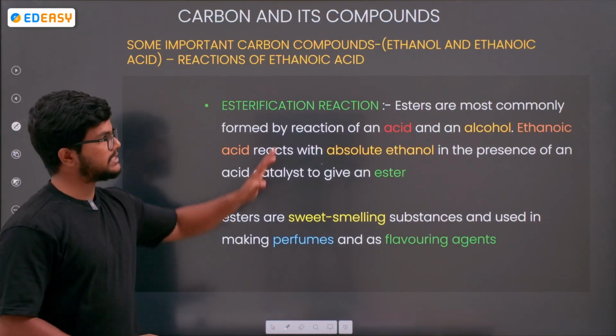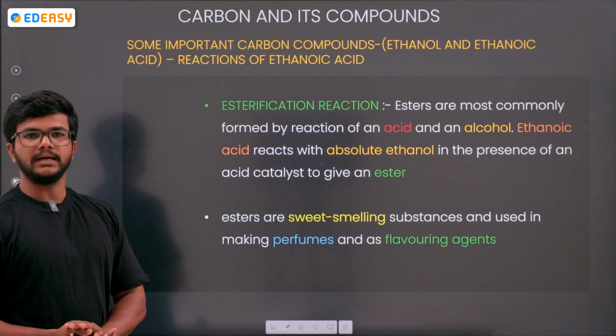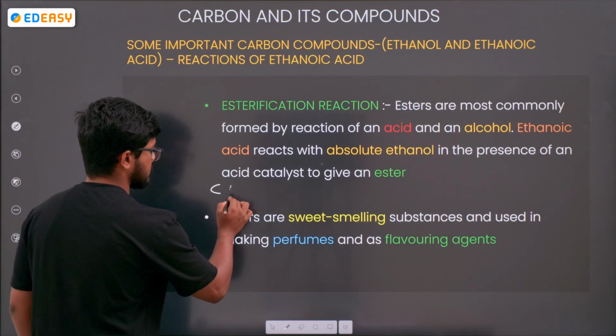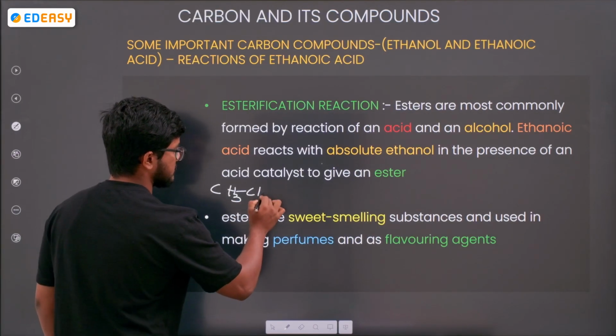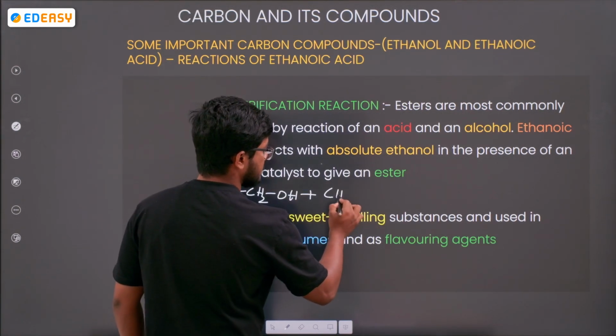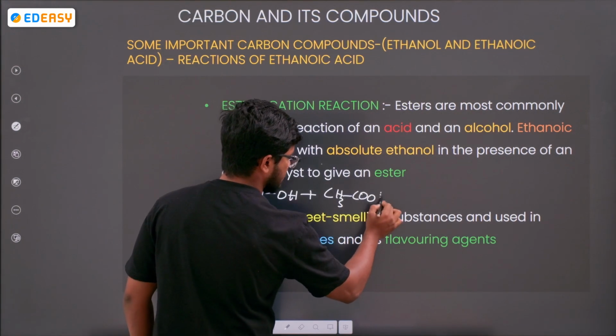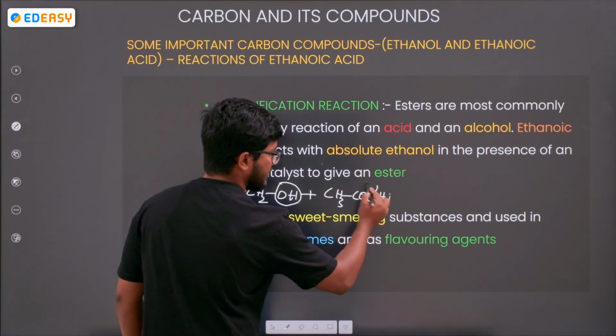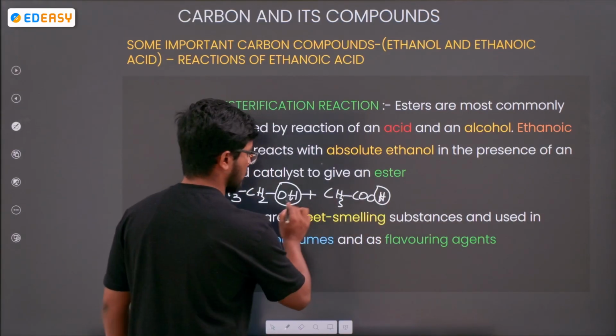The first reaction is esterification, making esters with the help of ethanoic acid. When alcohol, CH3CH2OH, reacts with CH3COOH, ethanoic acid, the OH from the acid and the hydrogen from the alcohol are eliminated as a water molecule.